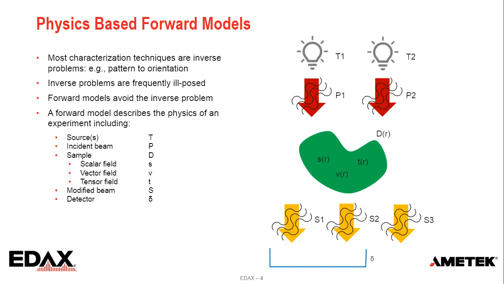And then after interacting with your sample, the beam will be modified in some way. So you simulate that, and then also your detector has some sensitivity and geometry parameters. So the goal is to capture the physics behind each one of those to be able to simulate the experiment.